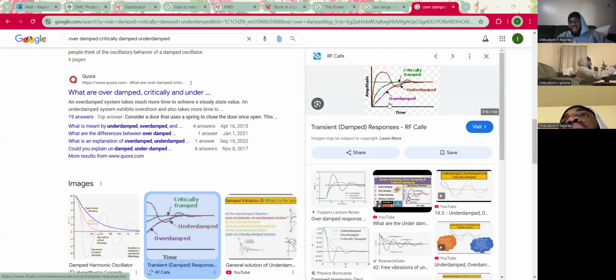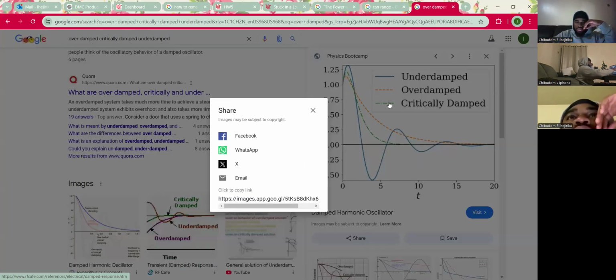We'll say it's one. Then we'll see the underdamped is basically below. That'll be less than one. Then we have the overdamped, which is greater than one. So yeah, I don't know if this is the best. I'm trying to find a diagram.